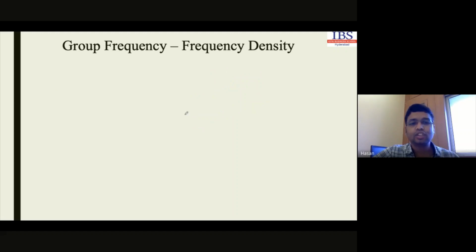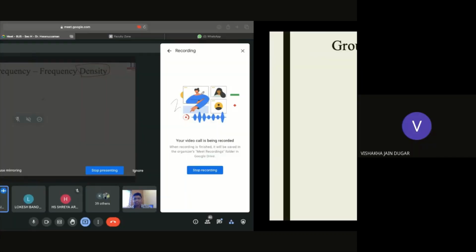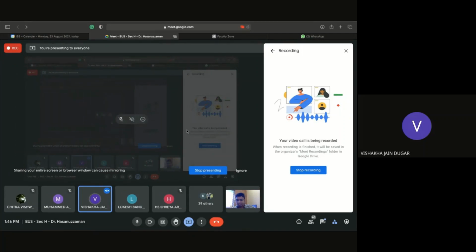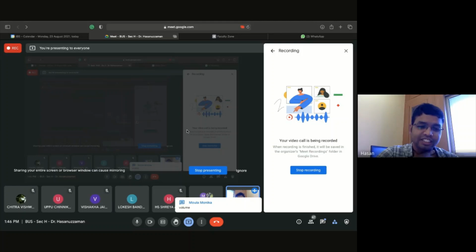Next one is group frequency, frequency density. How do we compute the density here? Anyone, do you have any idea what you mean by density? In common sense, in physics, you have learned, I think.